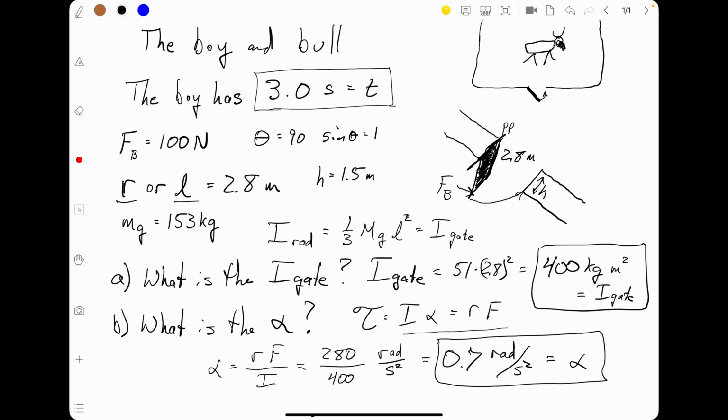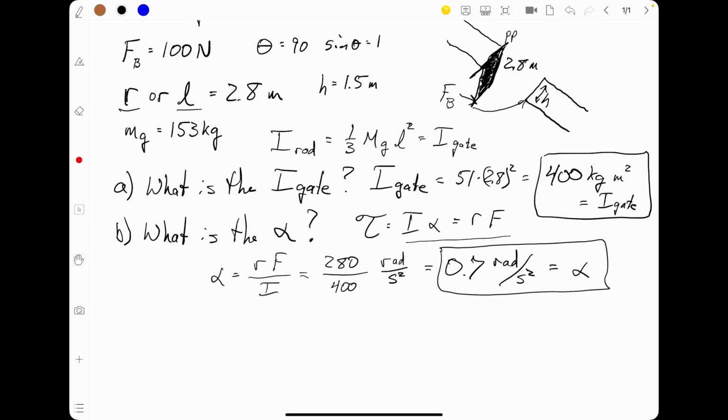All right, our third and final thing that we need to know. The gate has a theta that it's open. So that theta that it's open is equal to 50 degrees.